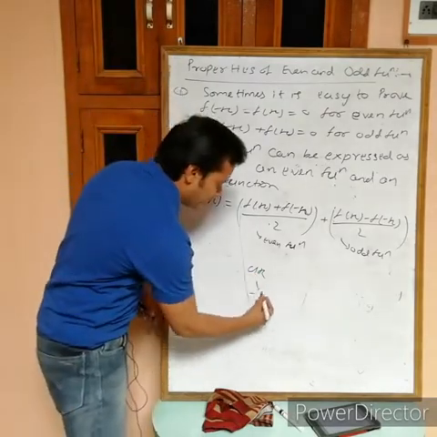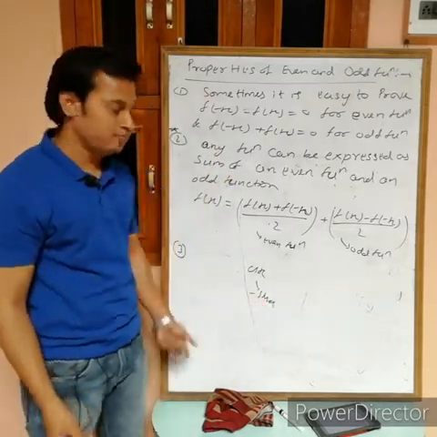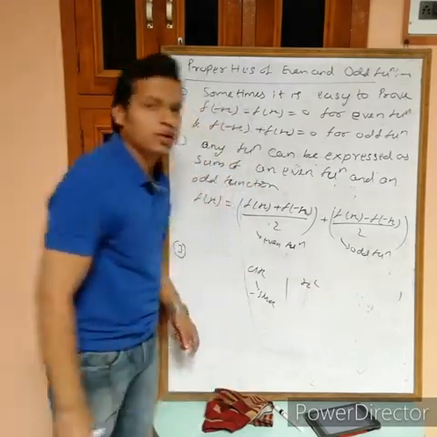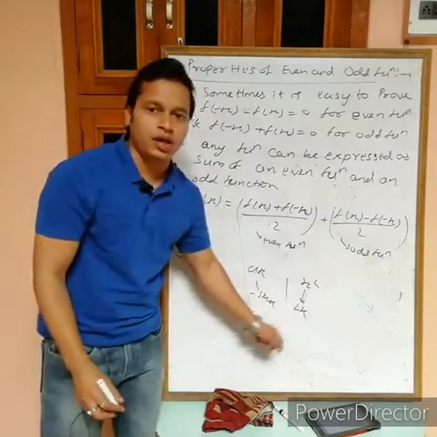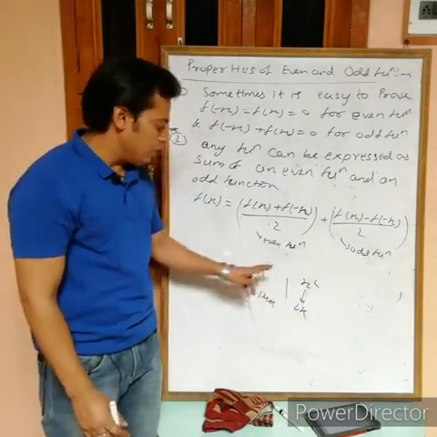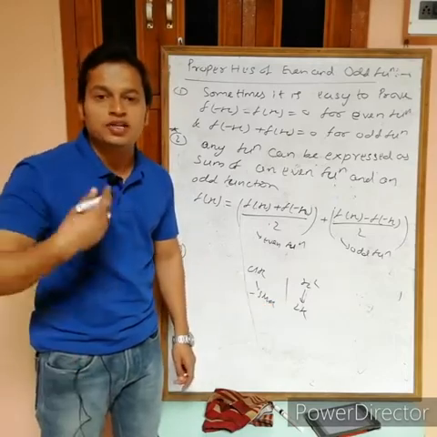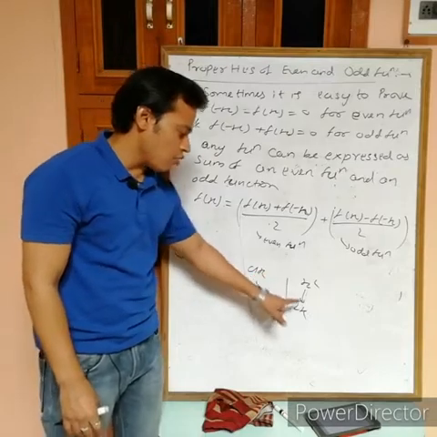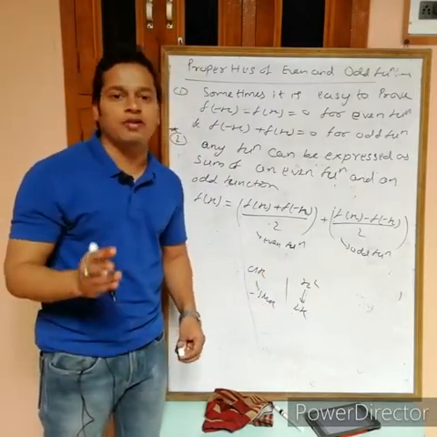Differentiate, what we are getting is minus sin x, and this one is an odd function. Now take any other even function, x square, differentiate, 2x. 2x is an odd function. So differentiation of an even function is odd, and differentiation of an odd function is an even function.